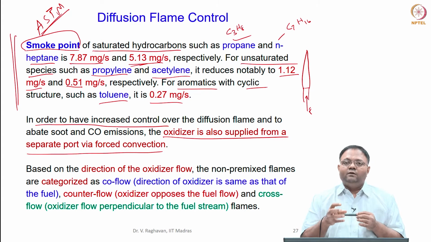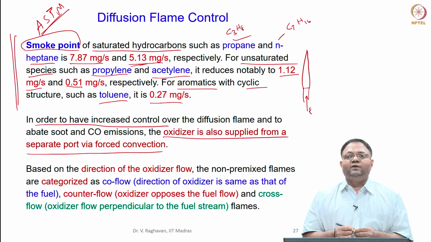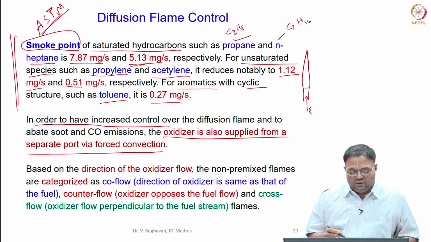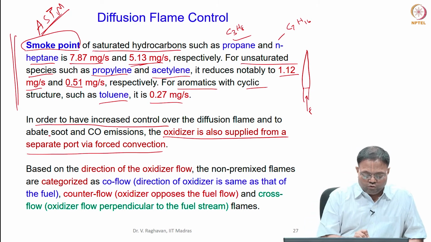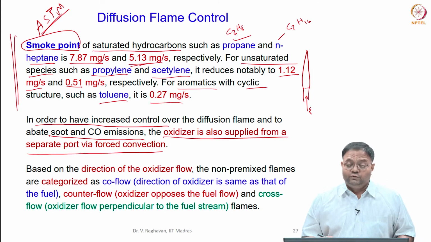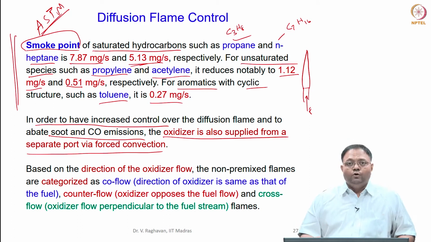Then convective mass transfer will be higher than diffusive mass transfer. So that will enable us faster mixing, correct. If we do so, then we can try to control soot and CO emission. That means we will have more control over the flame at higher flow rates also. So that is the category we are going to address here.